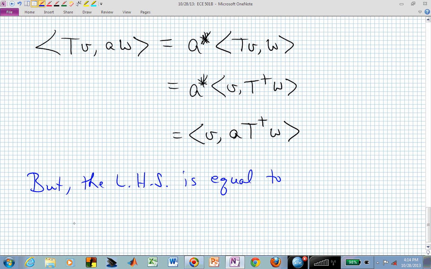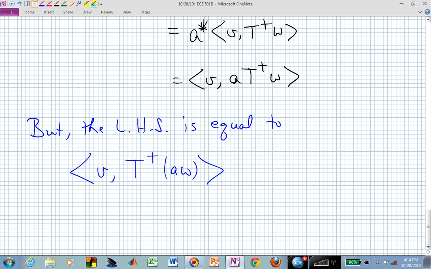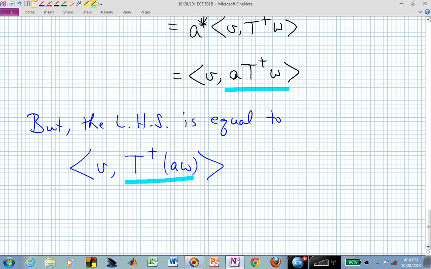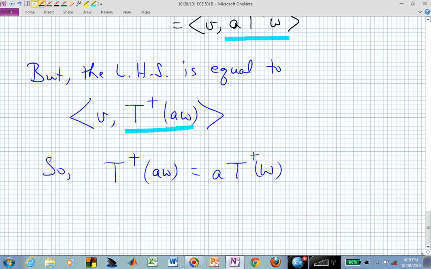If we use the definition of the adjoint, that's now V, T dagger of AW. And now if we simply compare like we've done before, the second slot vectors, now we have our homogeneity property demonstrated. T dagger of AW is actually equal to A T dagger W.